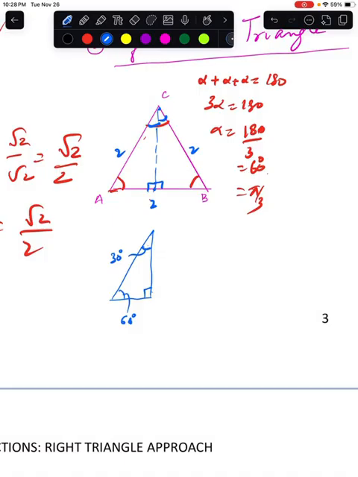Okay, what happened to this side? This length stayed 2, but what happened to the base? Well, remember we got the triangle divided into half, so this side will be the same as that side. The total was 2, so now half of it is 1, so this is 1. Now let me remove this information for a few minutes.